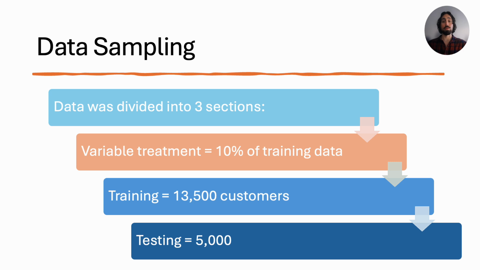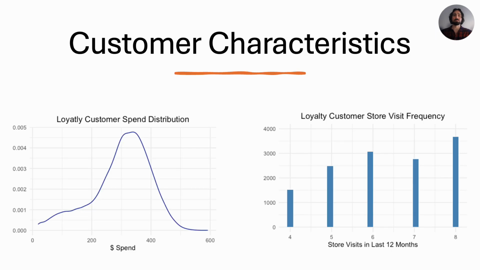This left us with 13,500 household profiles to train our models. Once the models were trained, we then tested their performance on the remaining 5,000 profiles within the testing set to ensure the models remained relatively stable and did not have any performance or overfitting concerns.